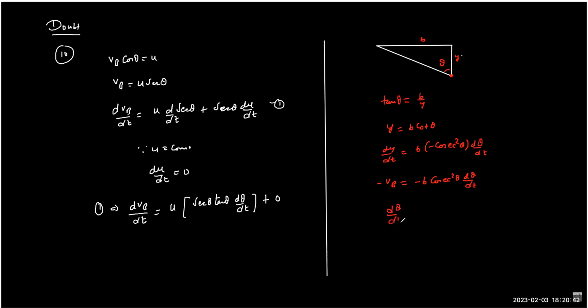So d theta by dt turns out to be how much? But the VB itself is how much? It is U sec theta. So this is equation number 2. And let's call this 3.